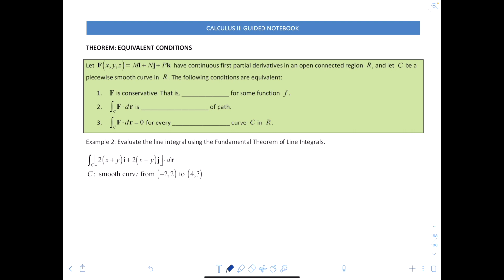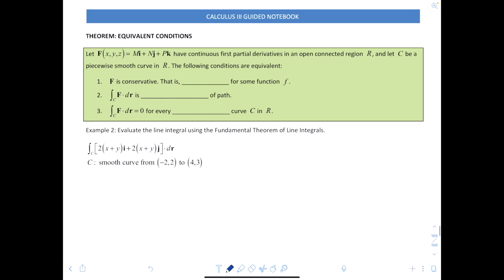All right, so here are some equivalent conditions. Let the vector field f at x, y, and z equal m times i plus n times j plus p times k have continuous first partial derivatives in an open connected region R. And let C be a piecewise smooth curve in R. The following conditions are equivalent. F is conservative, that is, F equals del f for some function f.